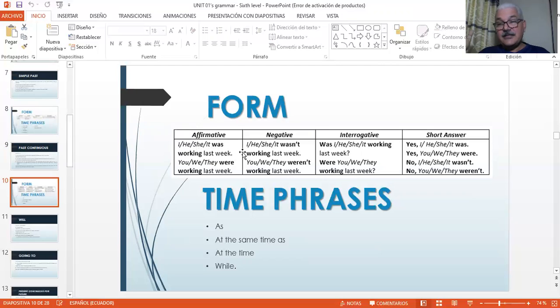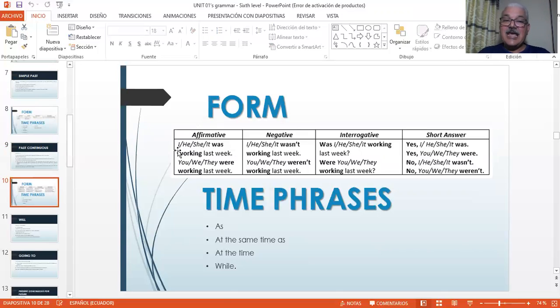And for the rest of the persons, we use were. And when we have analyzed that and we have decided that this is the form, we add the main verb, that gives us the idea of the action, with ing, as I explained for the present.